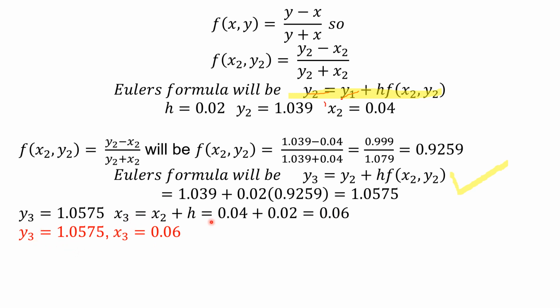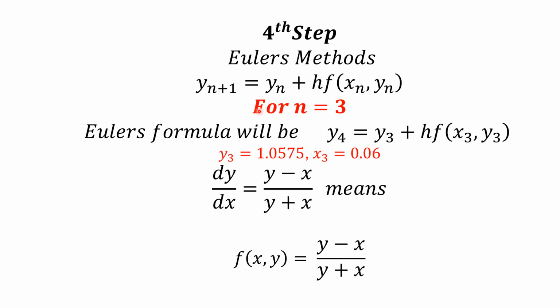That is x2 plus h, x2 we already calculated 0.04, plus 0.02. The answer is 0.06. So at x3, this is the value. We have reached up to 0.06. Our aim is 0.1 basically, as the question asks.